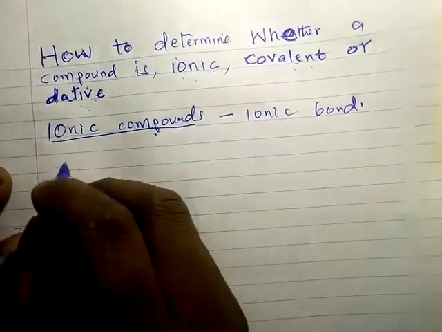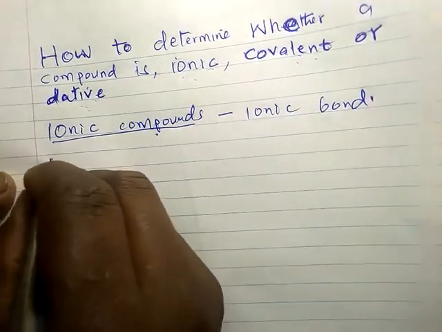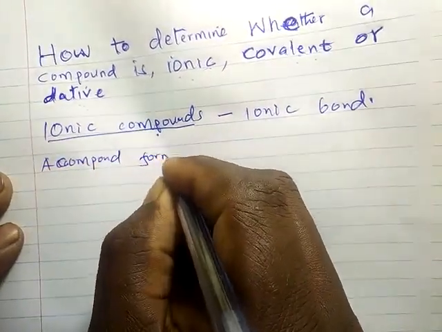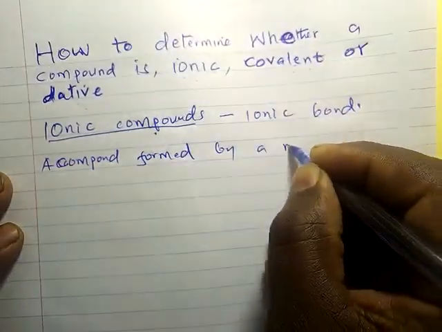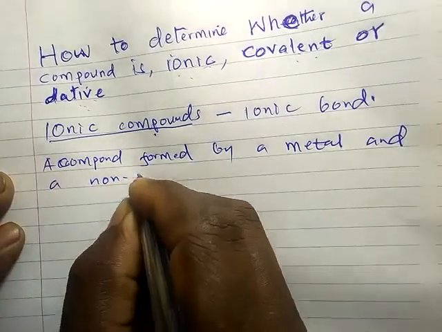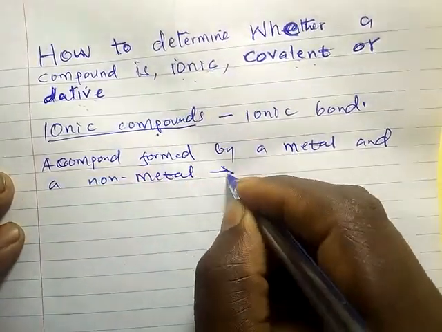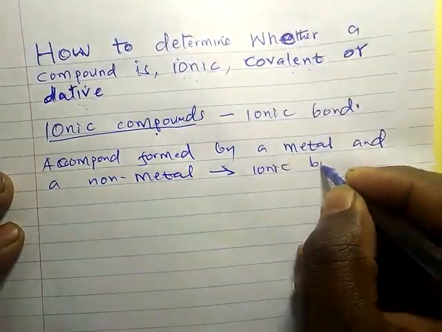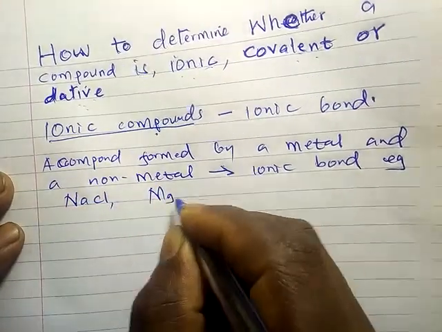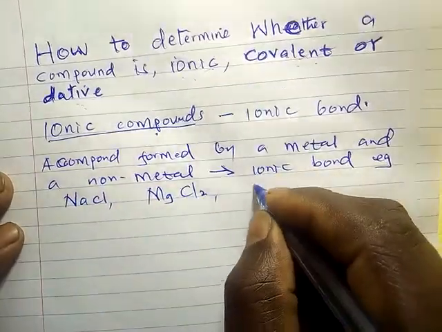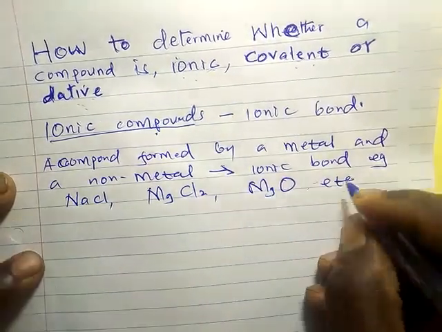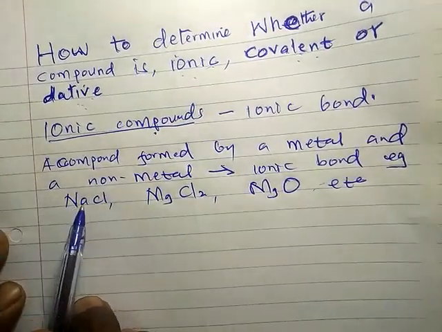So when you see a compound formed by a metal and a non-metal, that one is ionic bond. E.g., sodium chloride, magnesium chloride, or magnesium oxide, etc.